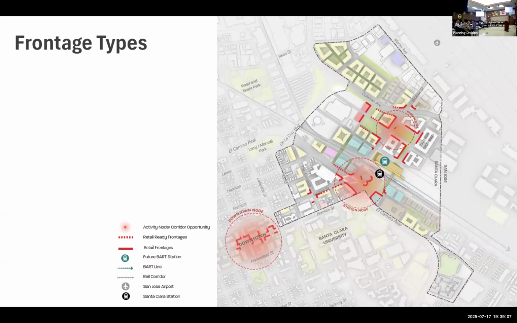So we've strategized around having a lot of it around the train station itself, since we want people to be able to grab something from a cafe before going to the train, or have a mini pharmacy where they pick up their prescriptions, or a flower shop, or smaller items like that.